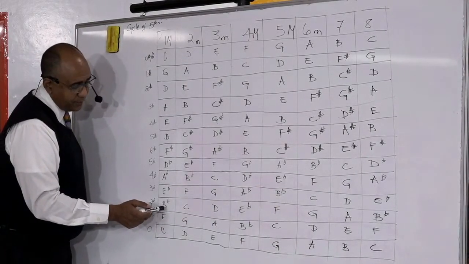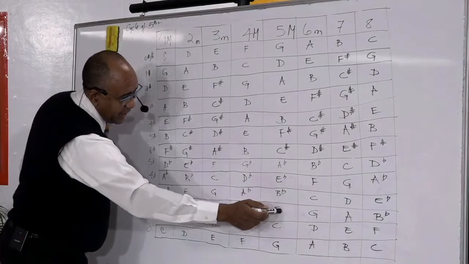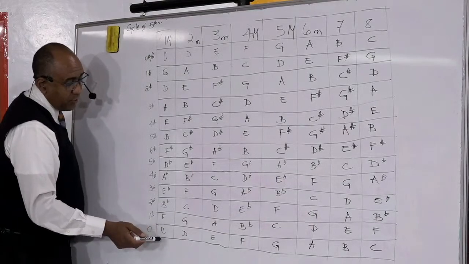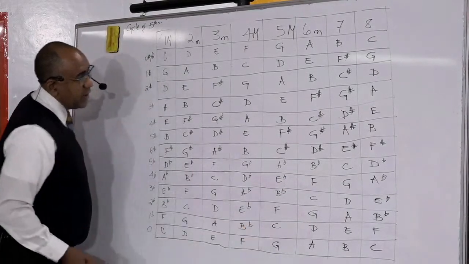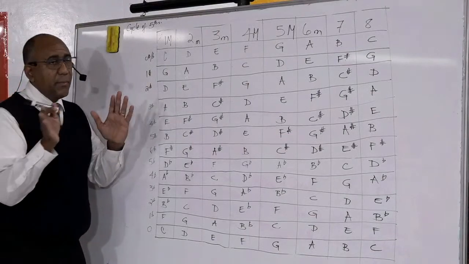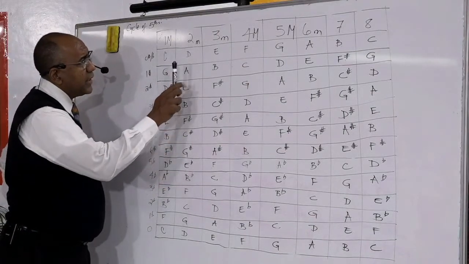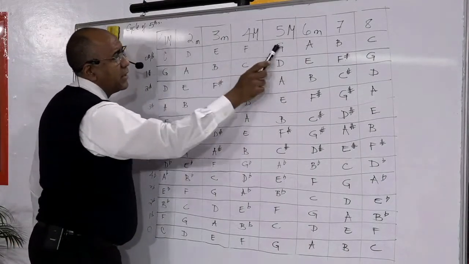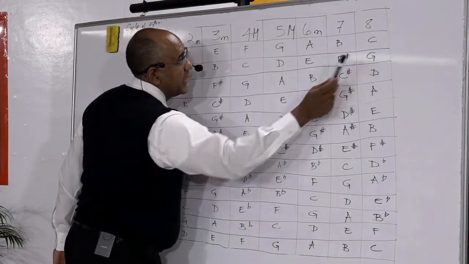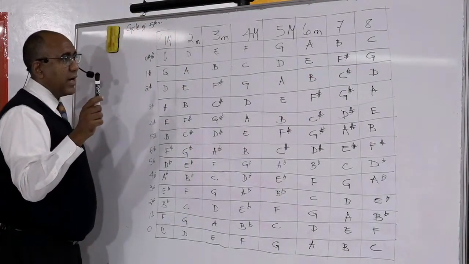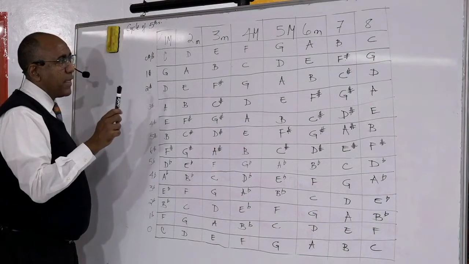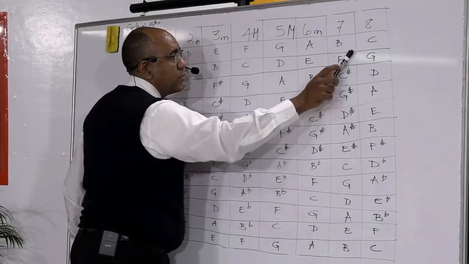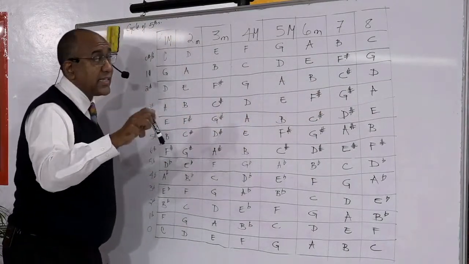B flat major, B flat, D, and F. F major, F, A, and C. And of course, we'll come back to our C major, C, E, and G. Now, from the demonstration we had before, D, F, and A would be D minor, where D, F sharp, and A would be the D major. So from that, all we have to do is to change that middle note and lower it a semitone.